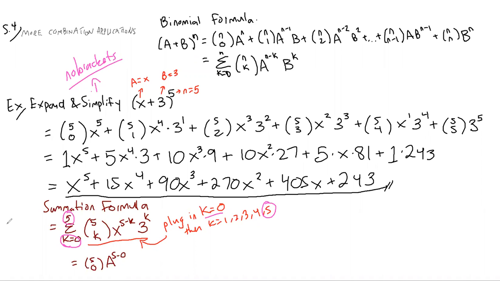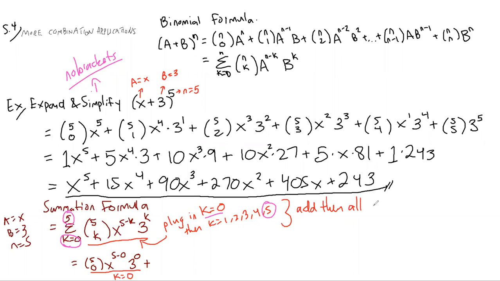So again, those same substitutions: a is x, b is 3, n is 5. So instead of a there, I'm going to use that x again. And then that'll be 3 to the 0, right? So that's the k equals 0 term. And basically what we do with all these things is then add them all together.